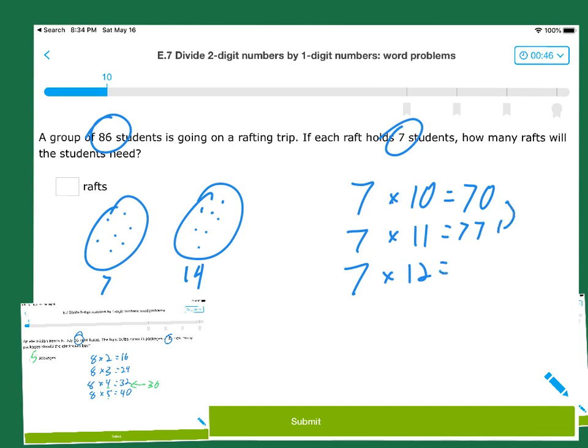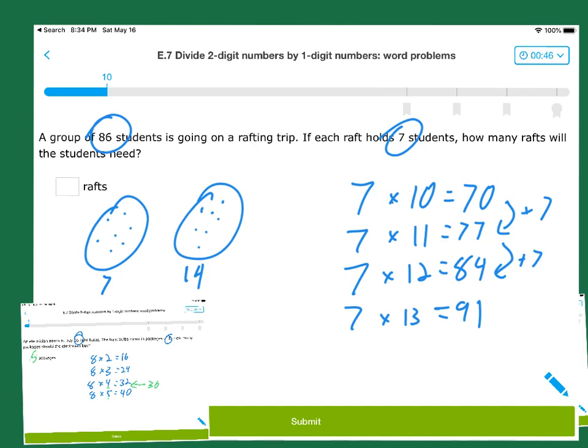I'm just going up by 7s here. So if I go 7 more than 77, I would get 84. I'm getting really close. So 7 times 13. Again, I'm just adding 7 to each number. So 84 plus 7 is going to be 91.